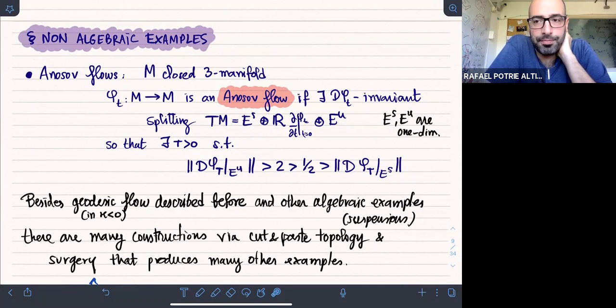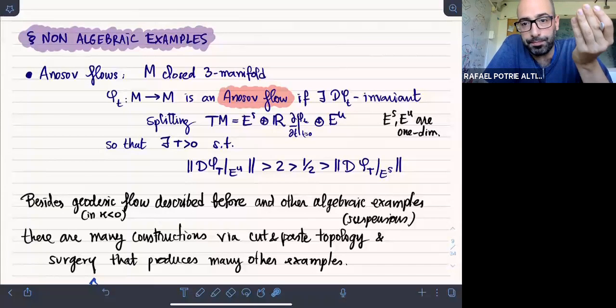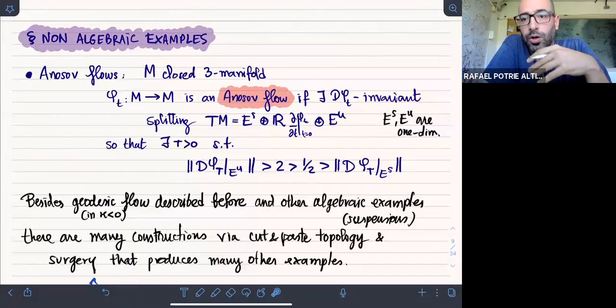So last time I gave some examples of partially hyperbolic systems, which had some algebraic nature. And so today I want to produce and explain some constructions of partially hyperbolic systems, which are not of algebraic nature.